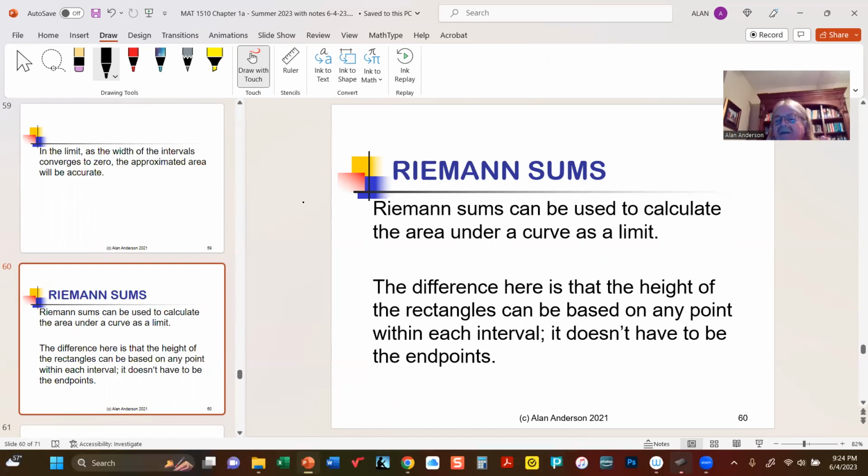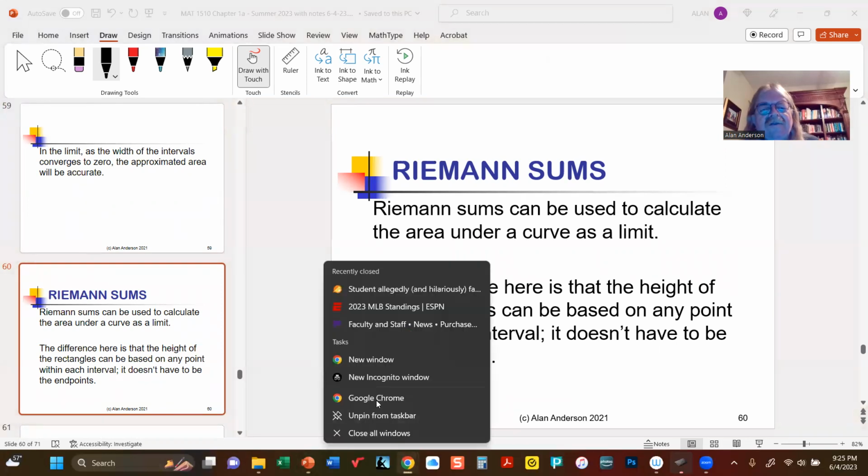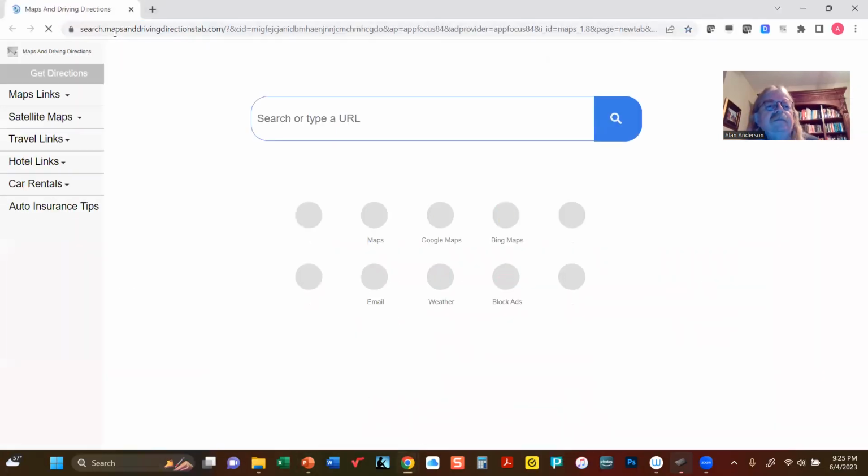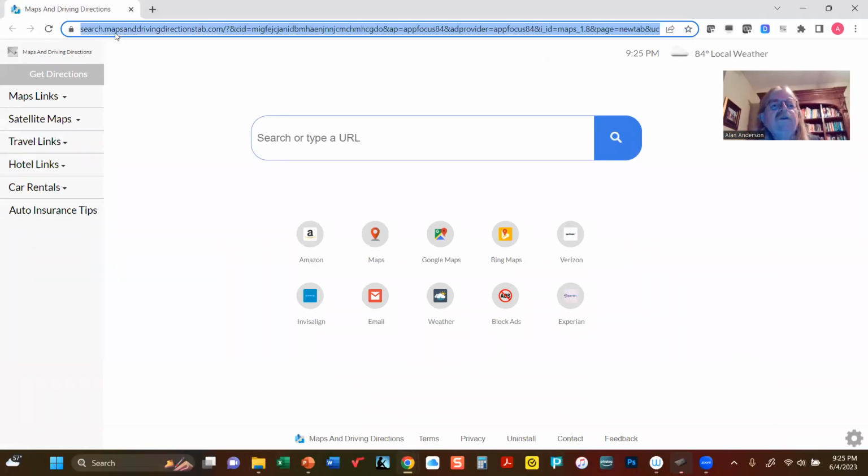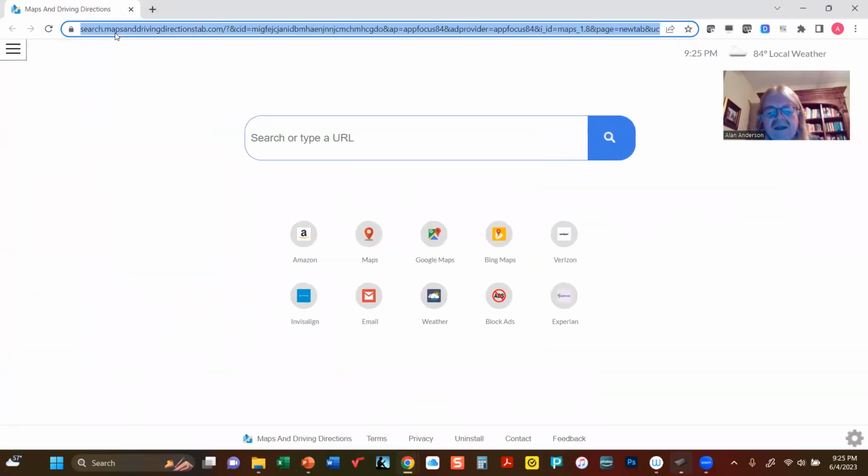Now, obviously, Riemann is named after the mathematician Riemann. He had a lot of contributions. He had this thing called the Riemann sphere, which gets us involved with imaginary numbers.